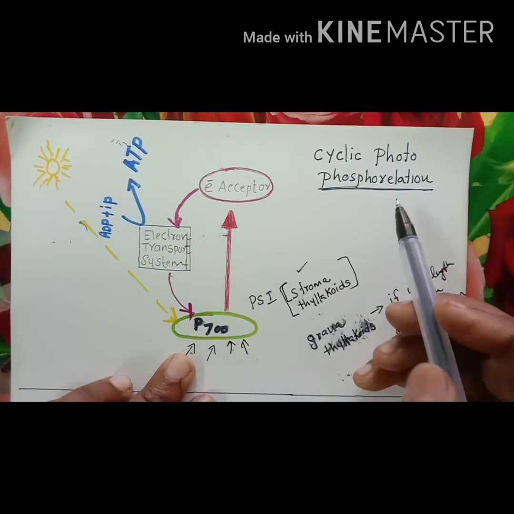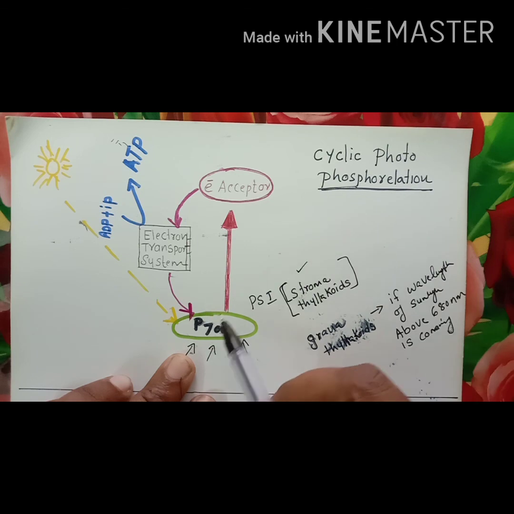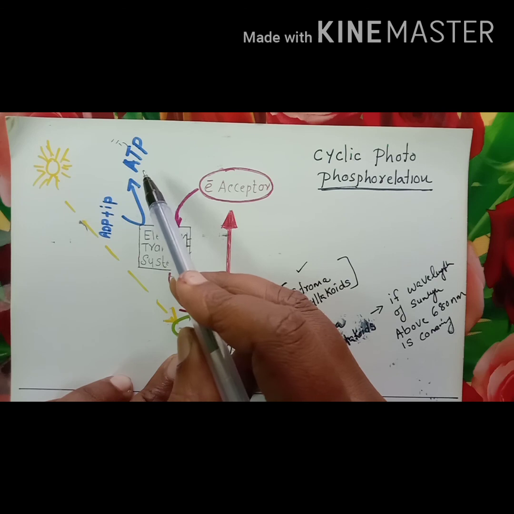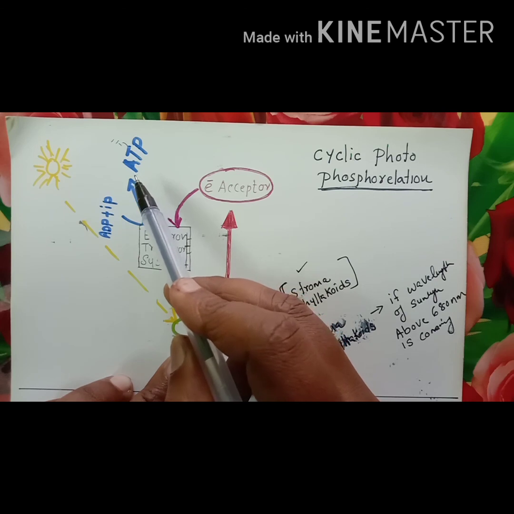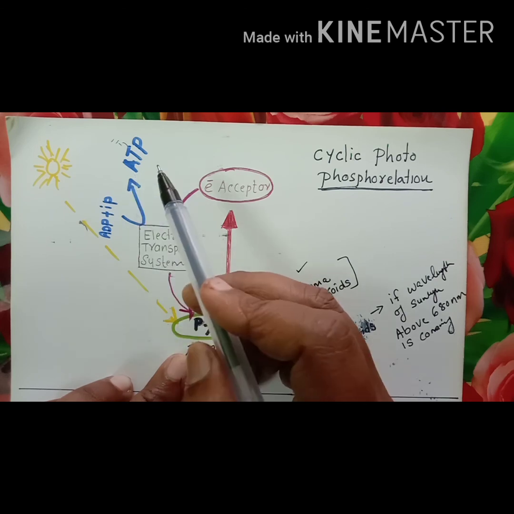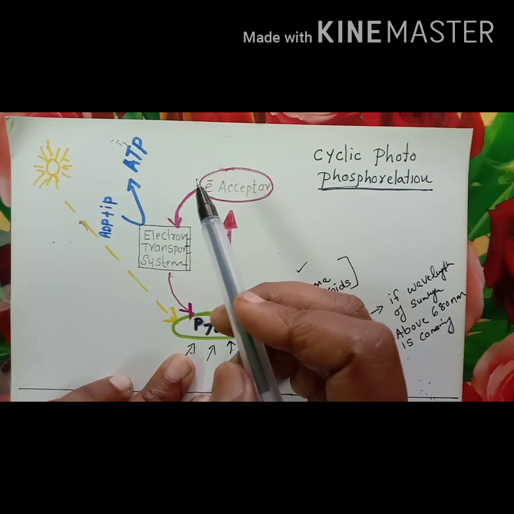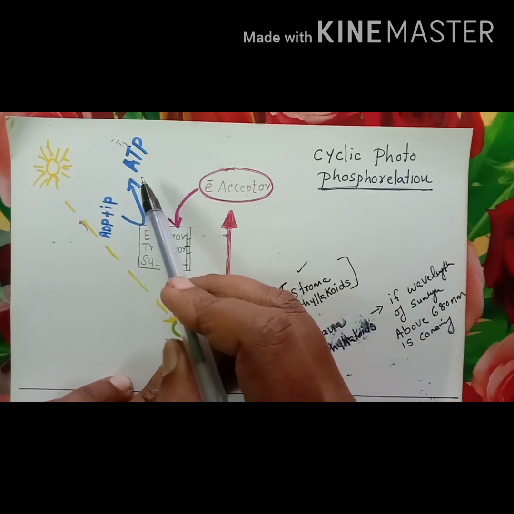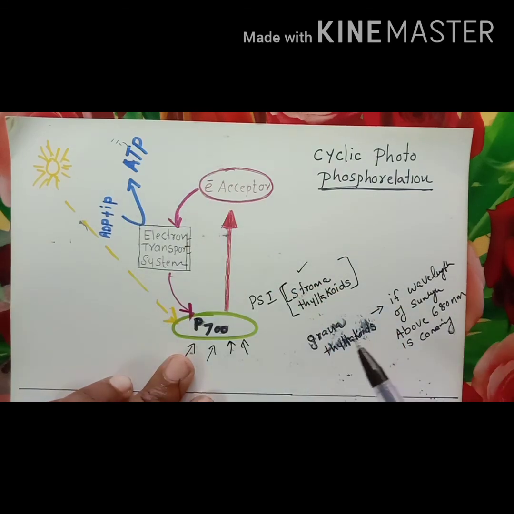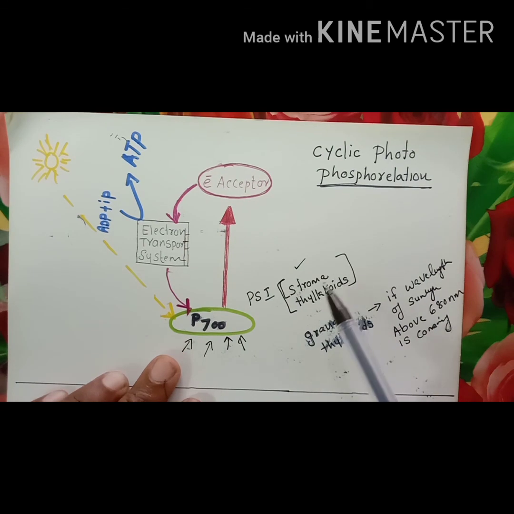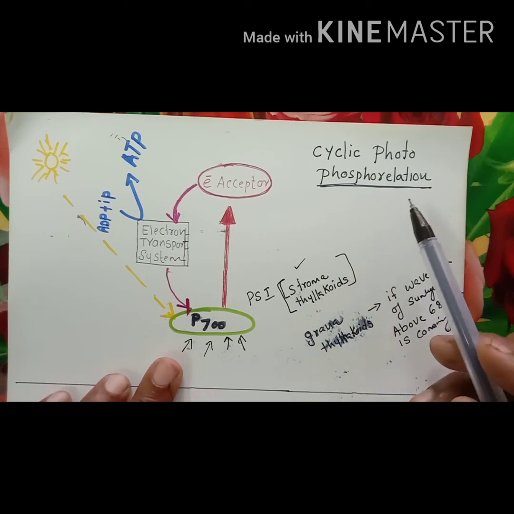So why is it called cyclic photophosphorylation? Because the electron is moving in a cyclic manner. And here we can see the formation of only ATP, not ATP and NADPH. In non-cyclic we know that ATP and NADPH are produced, but here only ATP is produced. And in which type of thylakoid does this cyclic photophosphorylation occur?